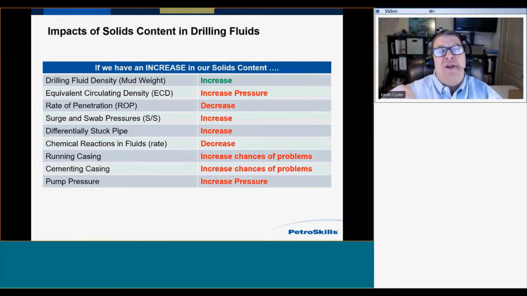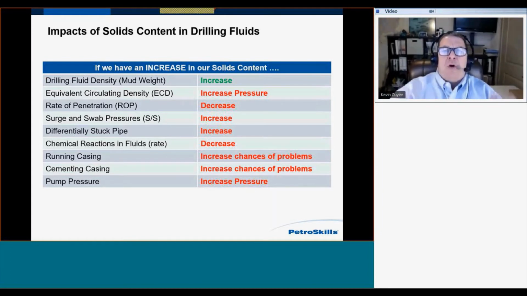Because we have solids in our fluid, we also have an increase in surge and swab pressures. Remember that surge and swab pressures are the pressures that are induced when we are tripping into the hole and pulling out of the hole respectively, surge and swab. And the reason for this is that you're drilling a wellbore with a certain size drill bit, and that is the size of the hole, and the bit just barely fits inside that hole, and so we have this plunger effect.